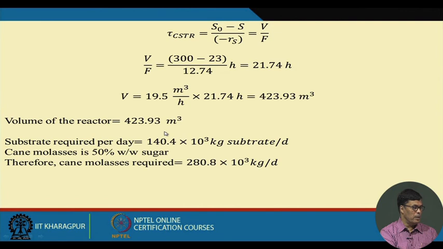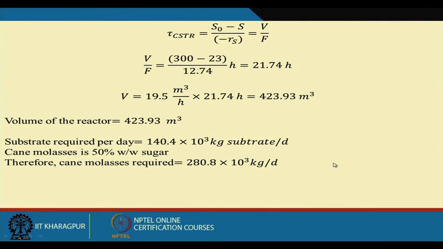The volume of the reactor is coming like this. Substrate required is this, and cane molasses contains about 50% sugar. So, you divide by 0.5, it will come to 280.8 into 10 to the power 3 kg per day. So, this much cane molasses is required for getting 100 cubic meter of rectified spirit.